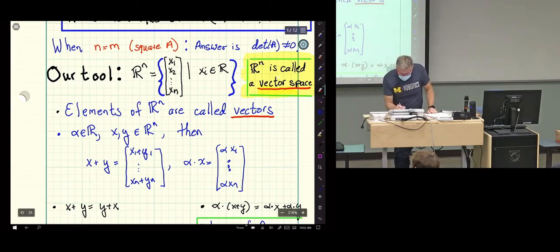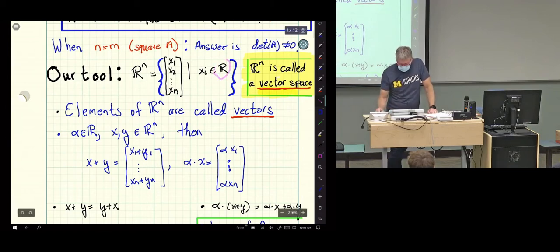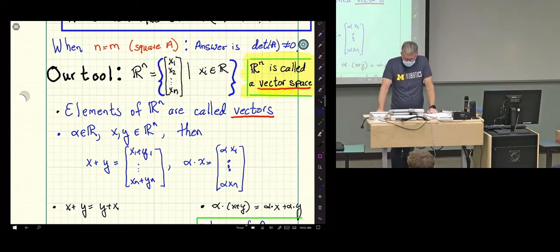So that's what the n designates, the length of the vector. And each of the components is just a real number. So it's something that we understand: square root of 2, Avogadro's number, pi, etc.